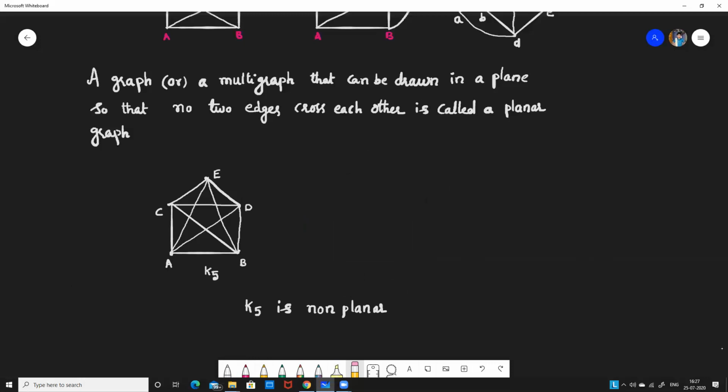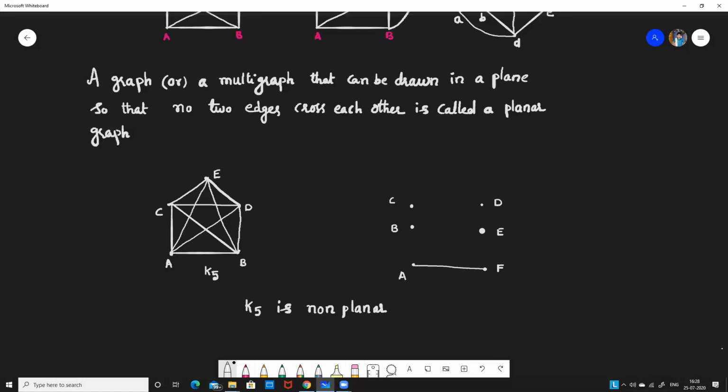I'm taking 6 vertices like A, B, C, D, E, F. Now quickly tell me what type of graph I'm going to draw. Obviously it is a complete bipartite graph. I want to verify whether it is a planar graph or not.